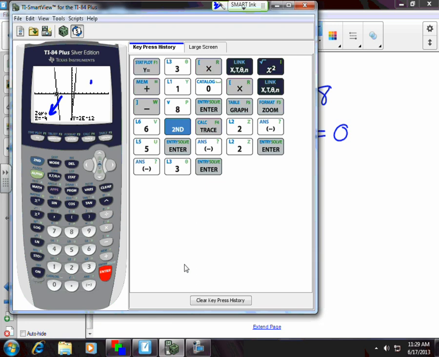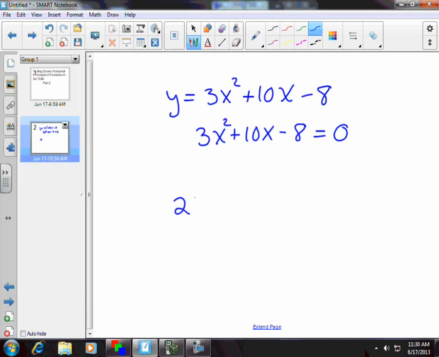And you can see your solution is negative 4. Now something interesting comes up here on the y value. Notice it doesn't say y equals 0. It says y equals 2E negative 12. If you are not familiar with that scientific notation, you might know this as 2 times 10 to the negative 12.